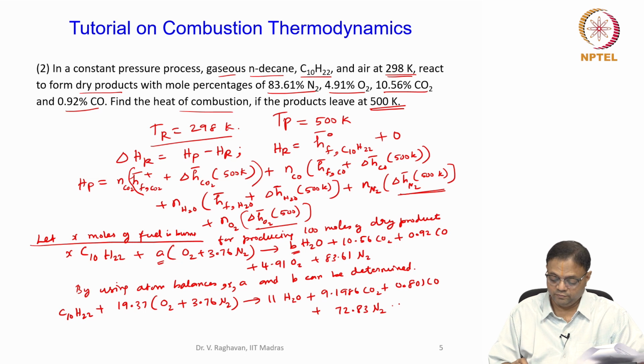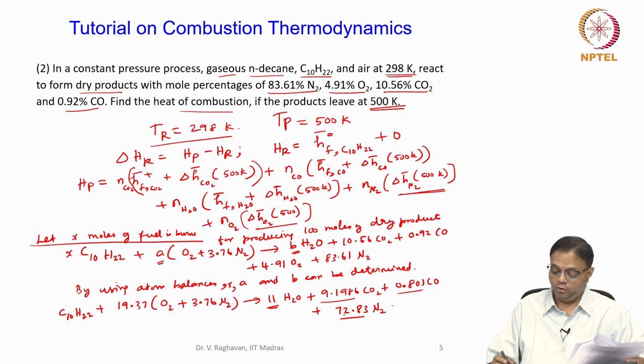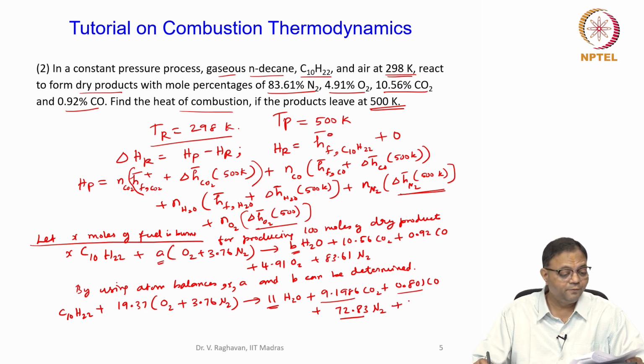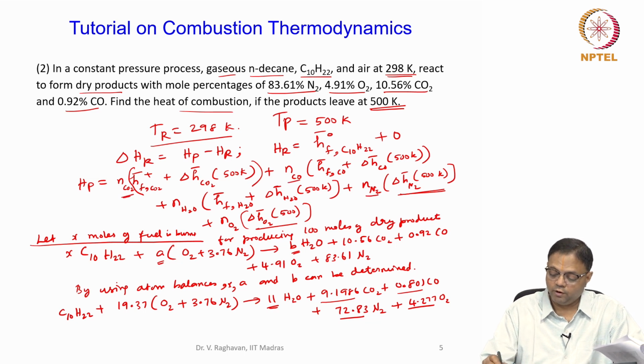This is the equation. So now I know the number of moles of H2O, CO2, CO and N2. O2 also will be there obviously, plus 4.277 O2. So all this N_CO2, N_CO, N_N2, N_H2O and N_O2 are known now.